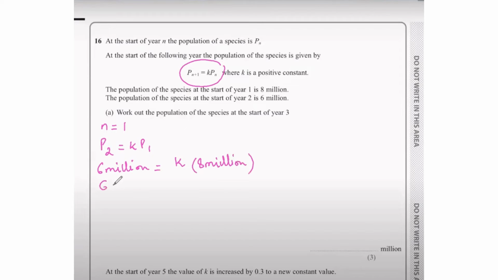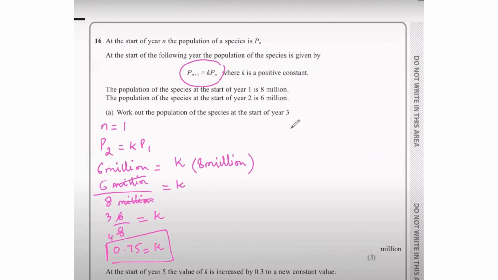So if we divide 6 million by 8 million, the millions get cancelled out, and 6 over 8 is basically 3 over 4, which is 0.75. So your equation will be Pn plus 1 equals 0.75 times Pn.